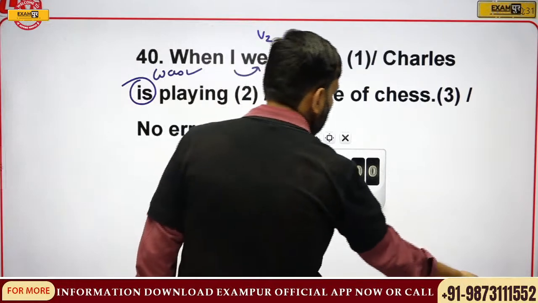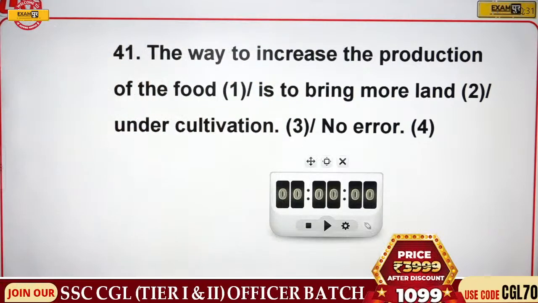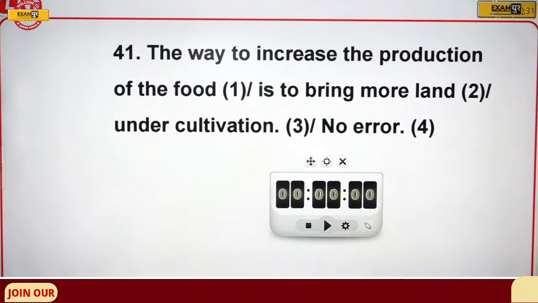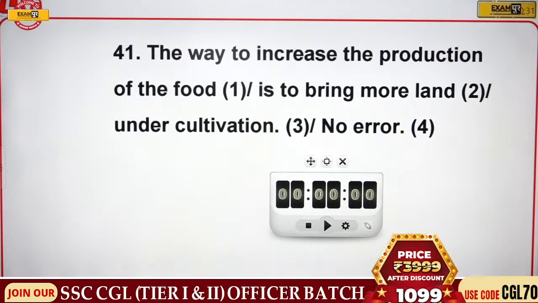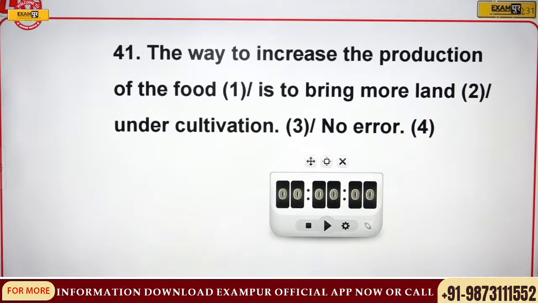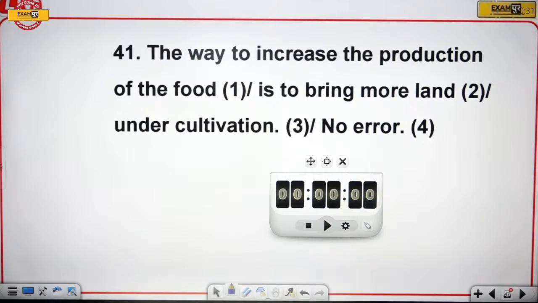Okay. The next one. The way to increase the production of the food is to bring more land under cultivation.